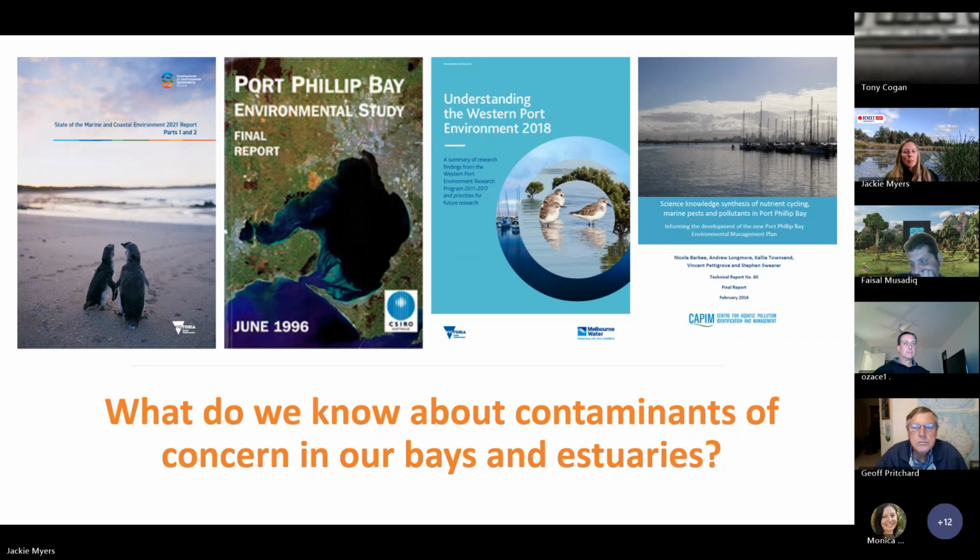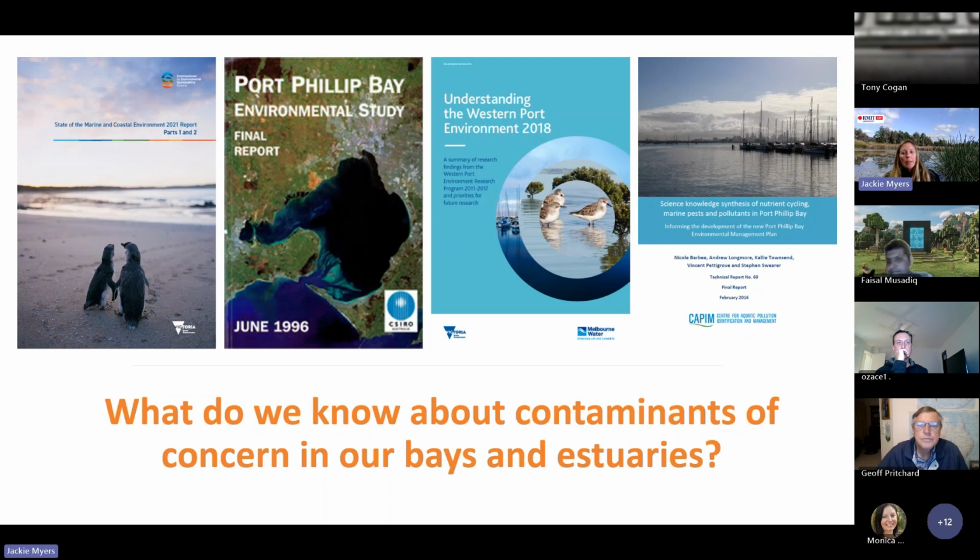Now, the most recent reports for each of our bays, and also the State of the Coast report, and this is probably more so for Port Phillip Bay than Western Port, still highlight that contaminants have not been monitored in the bay in a systematic way, and in many instances their impacts on bay values have not been well characterised.